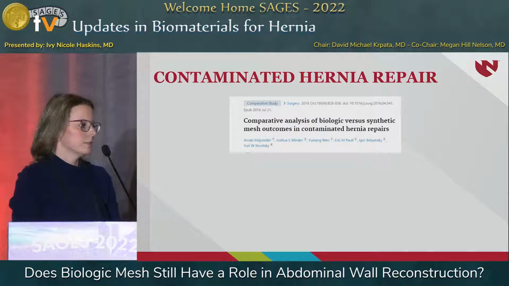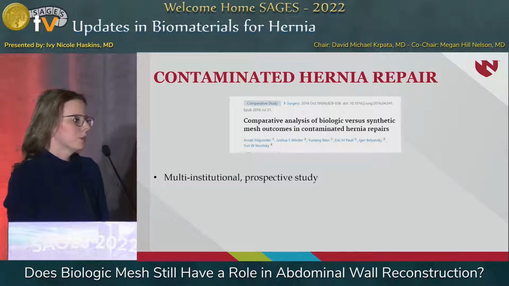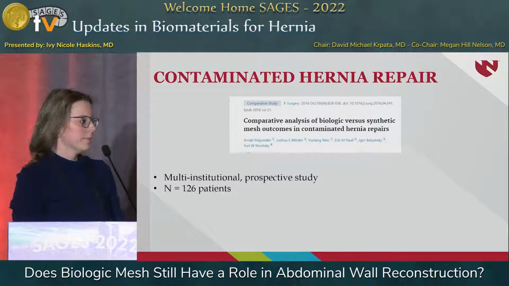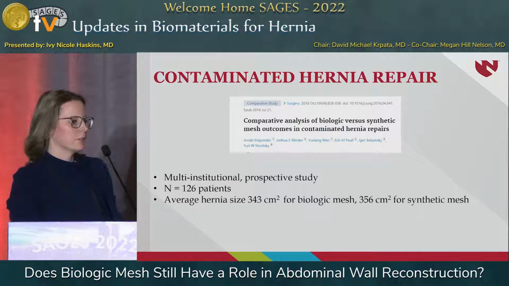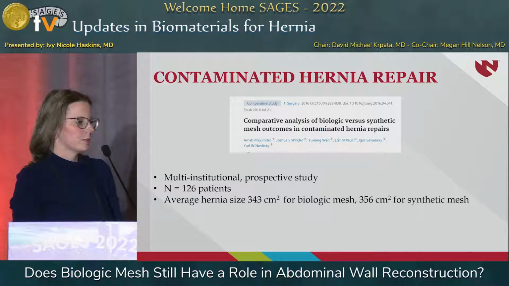The next study was performed in 2016 by Dr. Itani's group. This was a multi-institutional prospective study. It included 126 patients. The average hernia size in the biologic group was 343 square centimeters, and the average hernia size in the synthetic group was 356 square centimeters.